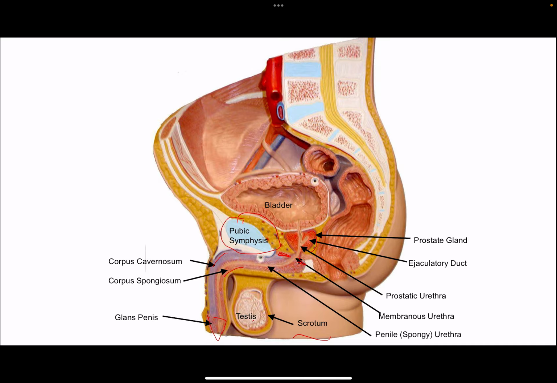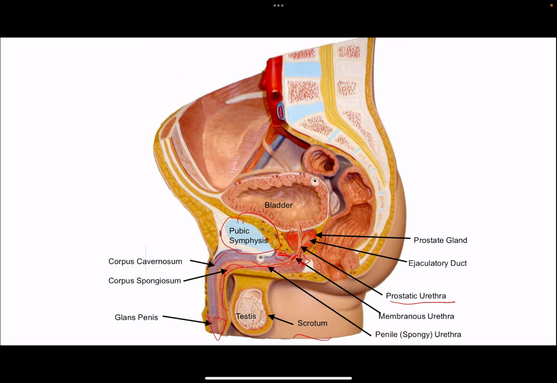So the urethra has different names based on where you see the urethra. This all things called what? Urethra. But when you see the urethra closer to the prostate gland, that is called prostatic urethra. The membranous structure, that's the membranous urethra, only a small portion.